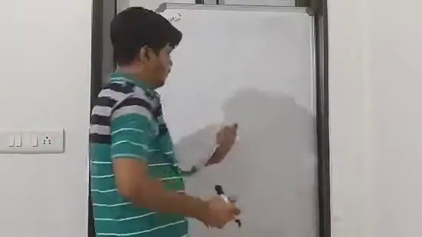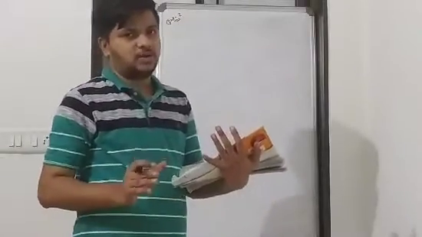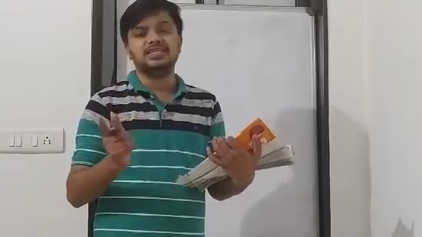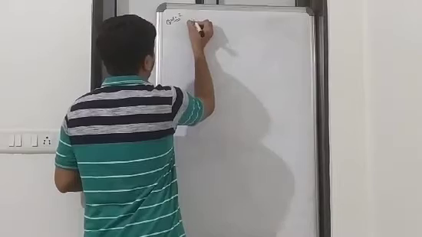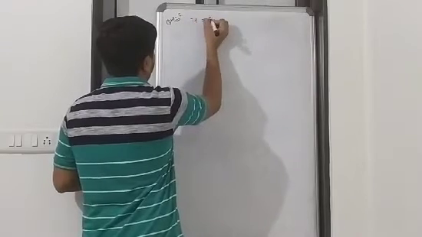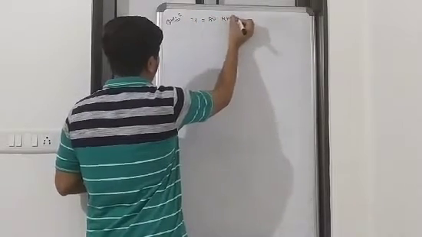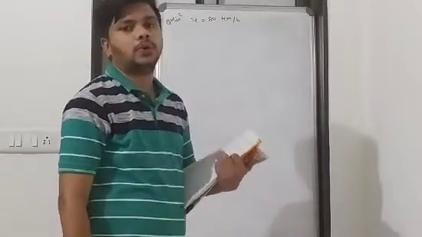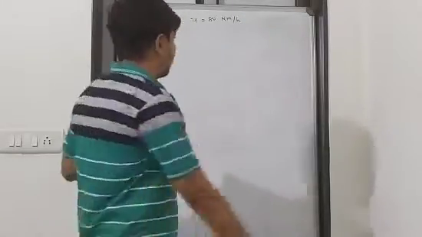In this example, you can easily find out which one is u and which one is v. The initial velocity is 80 km per hour. After it decreases, it becomes 60 km per hour. So first of all, u is 80 km per hour. As you know, we have to convert it into meters per second, the SI unit.